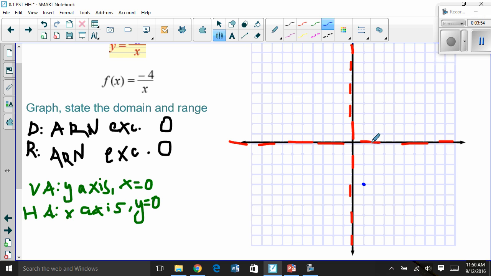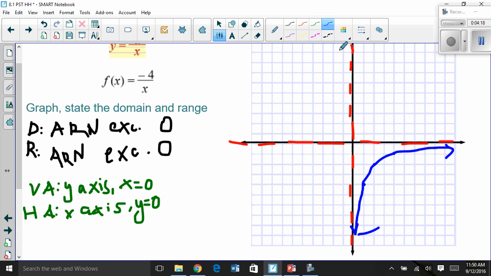If I plug in 2, I get -2. I'm just plugging into my equation up here. And then I'm going to do 4 because that'll work out nice. -4 divided by 4 is -1. So there's, let's see if I can draw this puppy. There's our first graph. Oh, it's not supposed to touch, but our arrow is kind of touching.